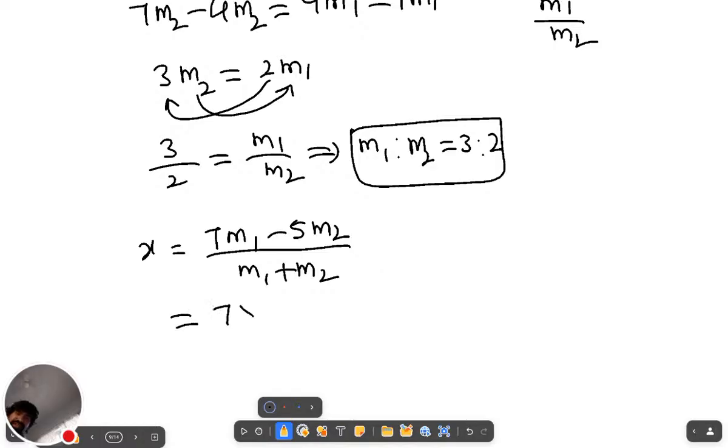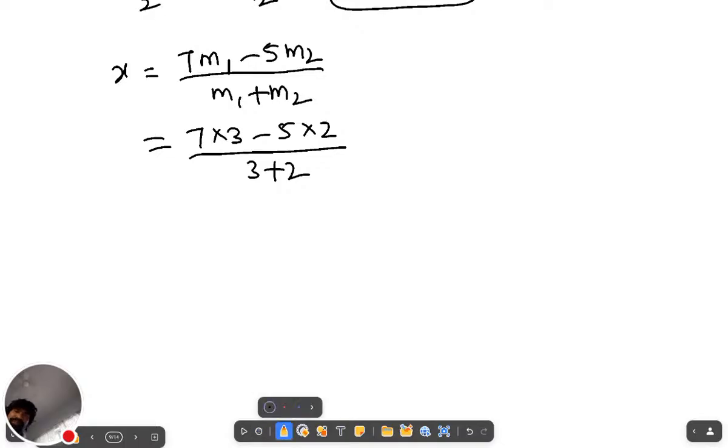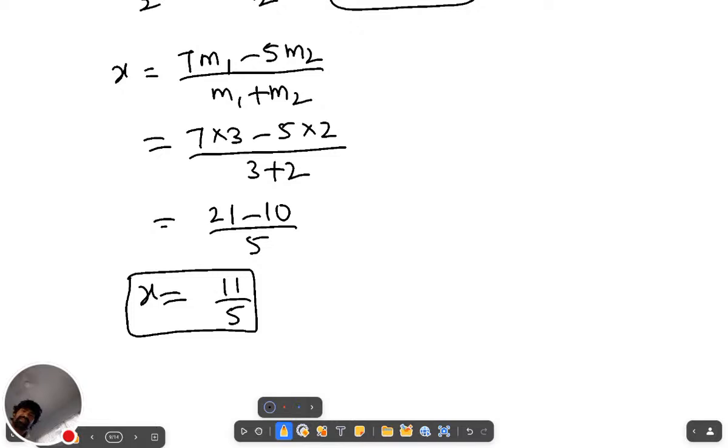So 7 into 3 minus 5 into 2, whole by 3 plus 2. That is 21 minus 10 by 5, which is 11 by 5. So the value of x is 11 by 5. That's it.